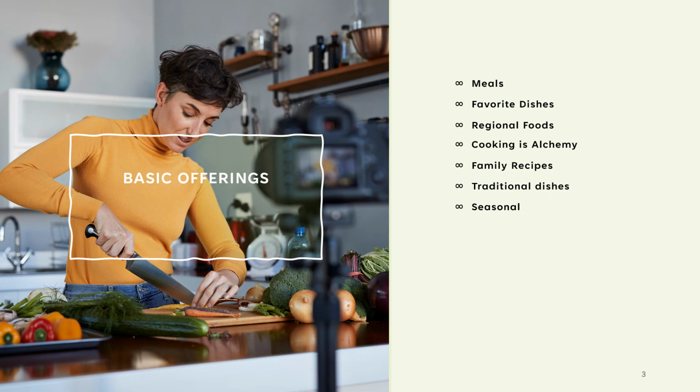Basic offerings. Basic offerings can be meals: your favorite dish, an ancestor's favorite dish, regional foods from where your ancestors may have come from, family recipes, traditional dishes, or seasonal foods. You don't need to provide full-size portions for your ancestors.